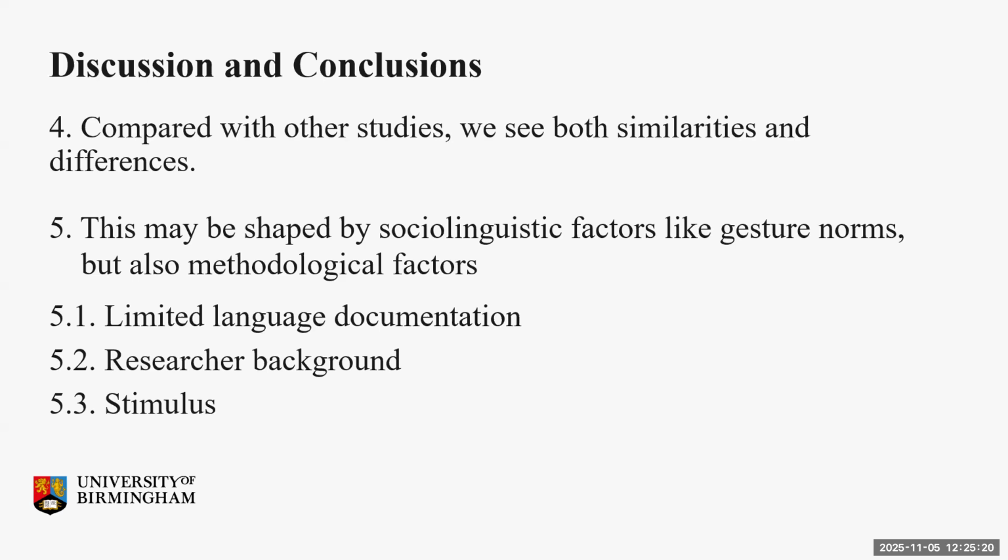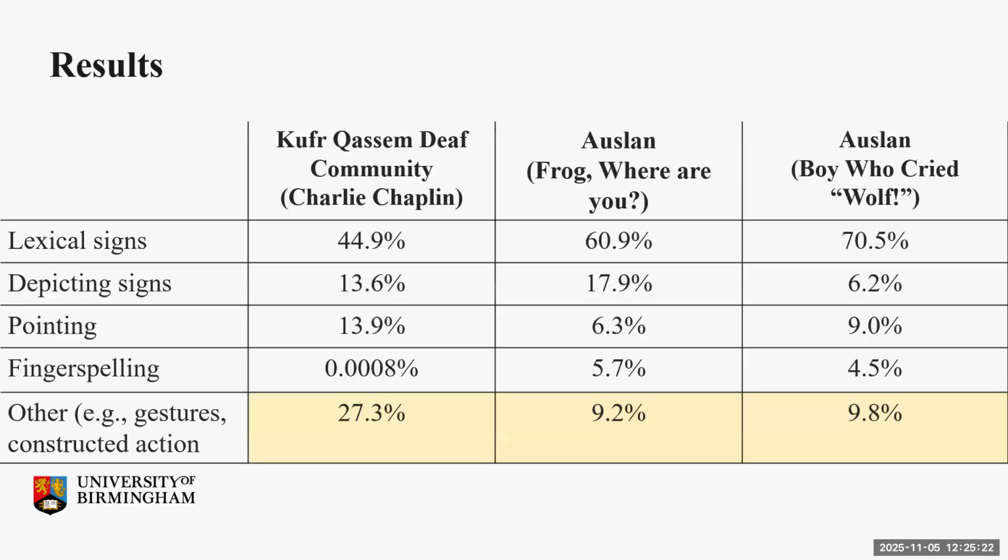And also the stimulus. If you look at this, for example, Frog, Where Are You is a wordless picture book. Boy Who Cried Wolf is an English text. Our stimulus is a silent film, a lot of mime. So it could be that the constructed action is linked to the type and nature of the stimulus.